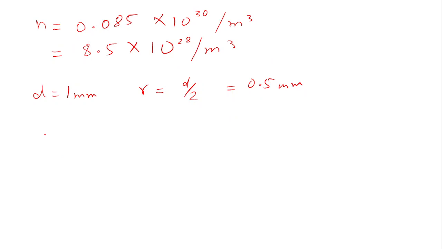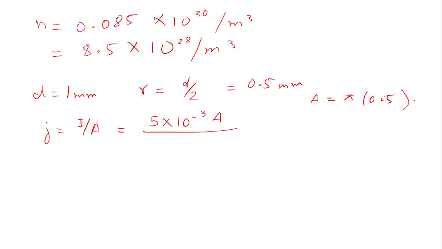So current density will be I by A. The current is 5 milliampere, which means 5 times 10 to the power minus 3 ampere, divided by the area. Area will be pi r square, 0.5 millimeter square. Now because everything is in SI units, I will convert this millimeter into meter.